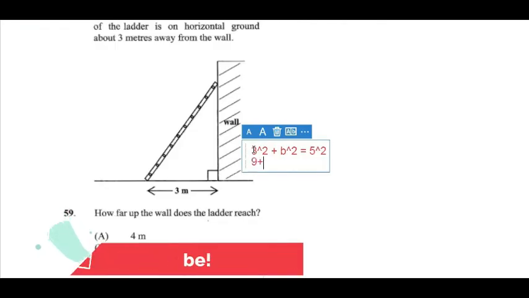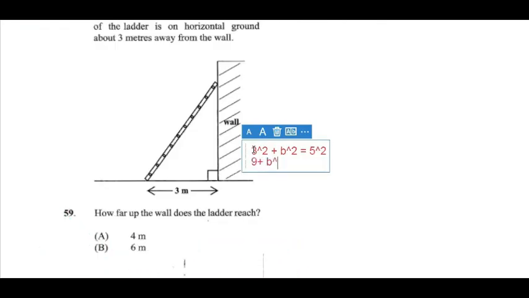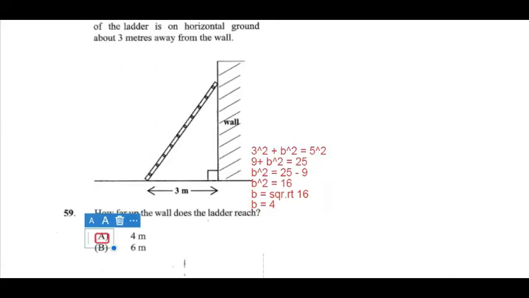So 3 square is 9, plus b square, is equal to 5 square, 25. So b square is equal to 25 minus 9. So therefore b square is equal to 16. And now we're looking at the square root of 16. And therefore b is equal to 4. So our answer 459 is A.